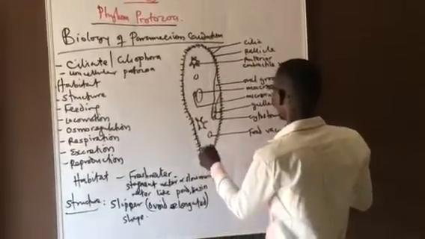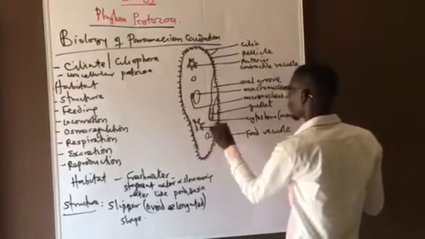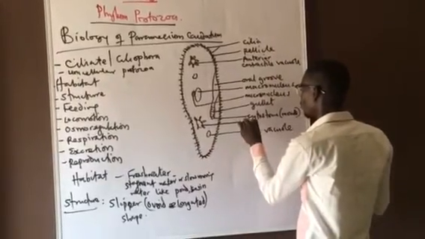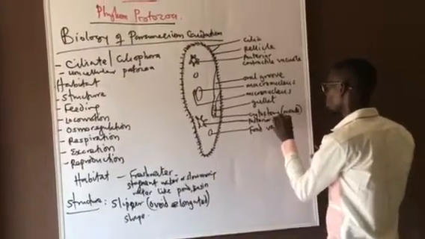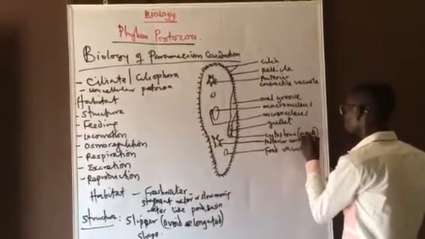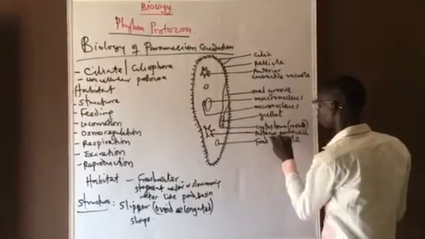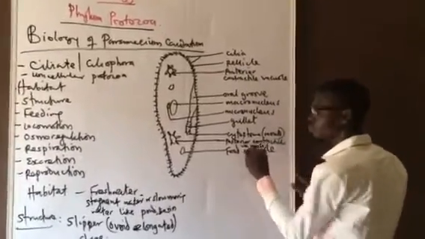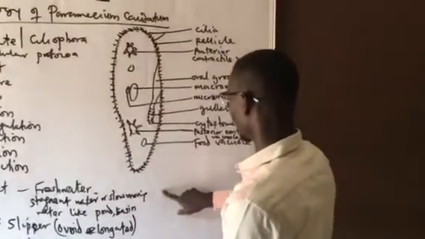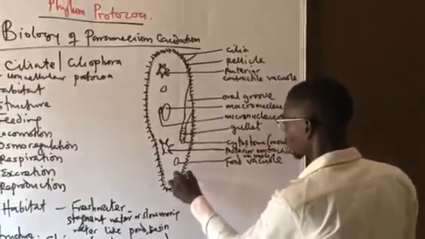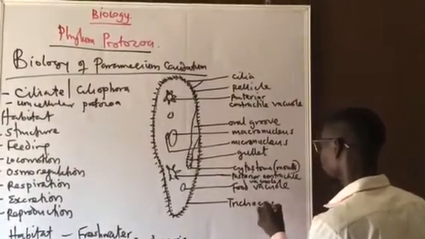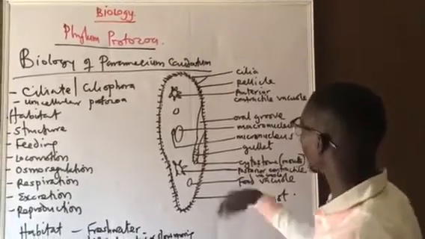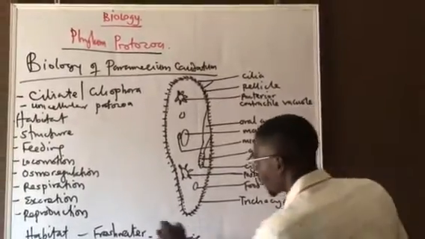We also have the posterior contractile vacuole. Then we also have the trichocyst. They are pores that live inside. So this is the structure of paramecium.